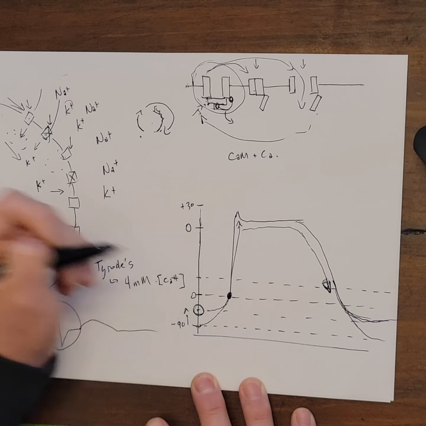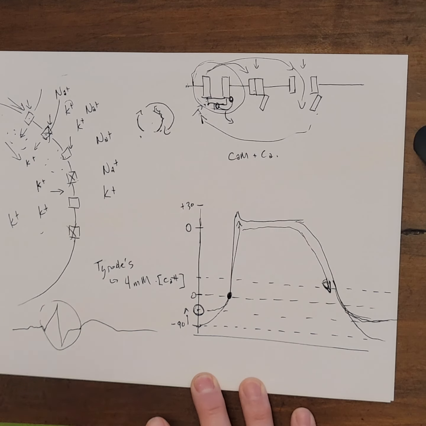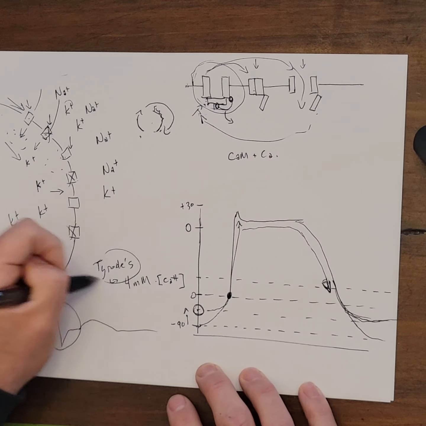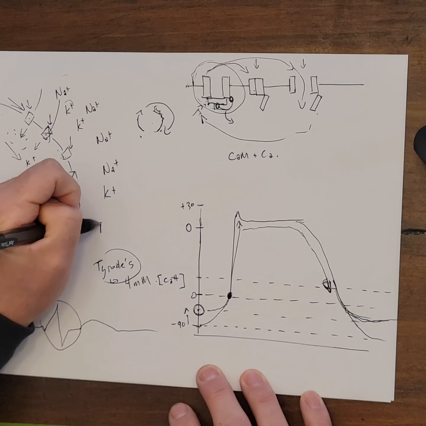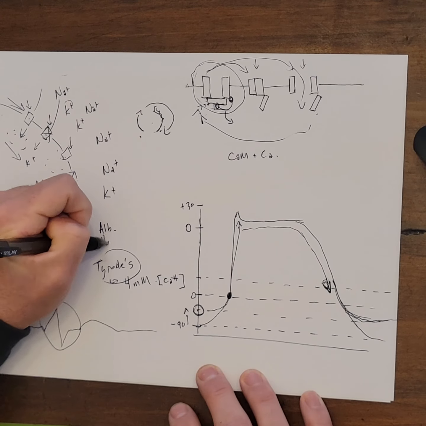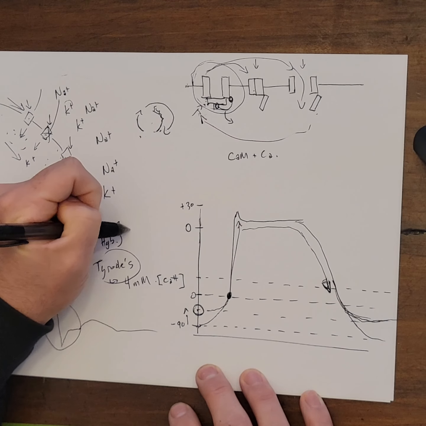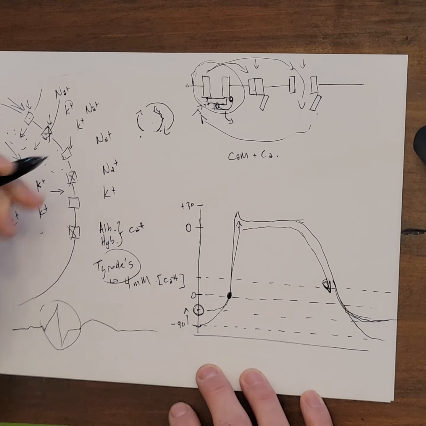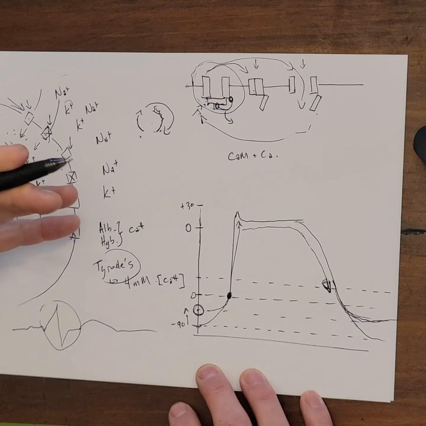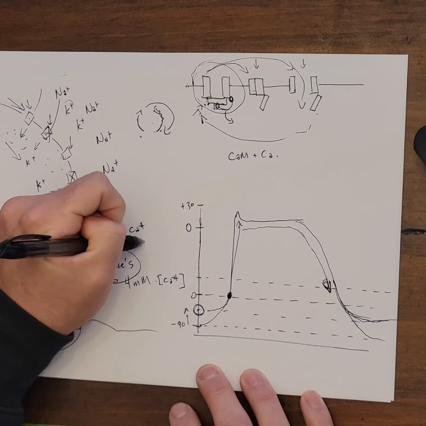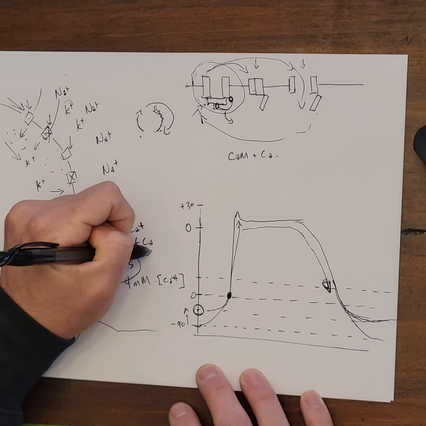Okay. The problem here is that in this Tyrode solution, we don't have albumin, we don't have hemoglobin. These two guys here actually bind a lot of calcium, and that's why in our labs, you'll see you have your total calcium or your ionized calcium.